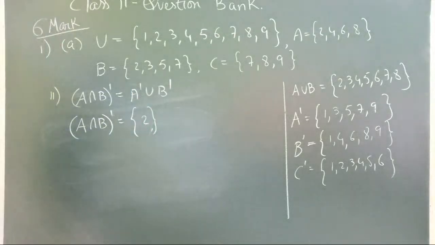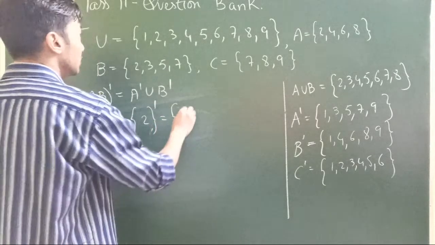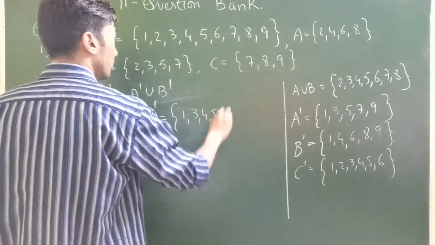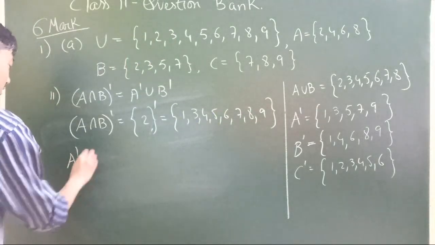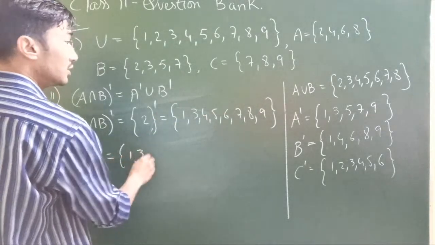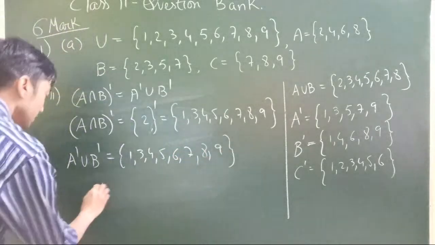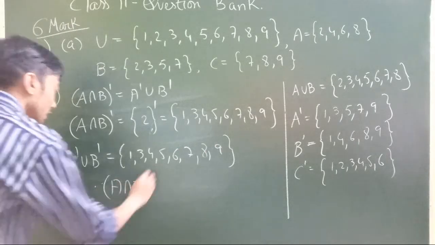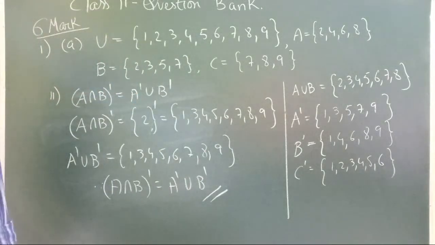Only 2. So its complement is going to be 1, 3, 4, 5, 6, 7, 8, and 9. And similarly A complement union B complement will be 1, 3, 4, 5, 6, 7, 8, 9. These are easy questions. Therefore A intersection B complement is equal to A complement union B complement. Hence the verification. Simple as that.